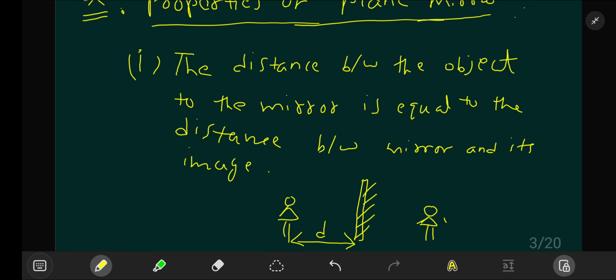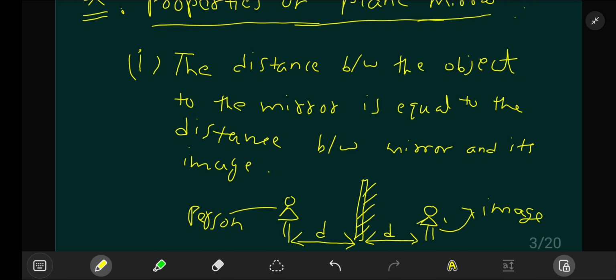That is also a point. Listen to me first, this one. And this distance will also be d, from the mirror to the image. This is the image which we see of ourselves in the mirror. This is our mirror, our image, and this is the person, the object.